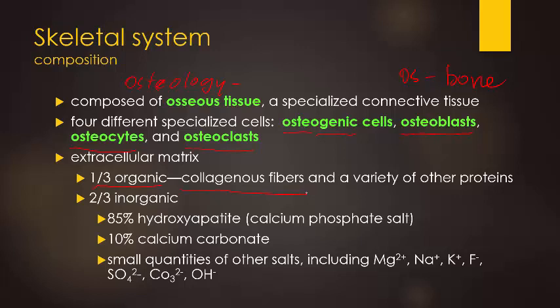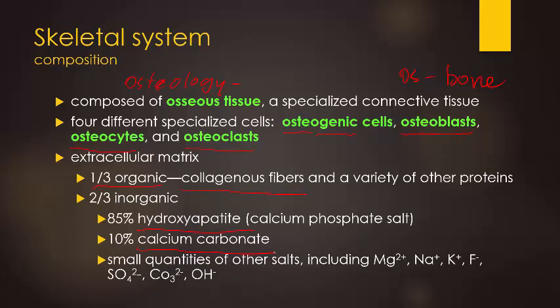85% of that 2/3 inorganic component is a form of calcium phosphate called hydroxyapatite. Notice the spelling of apatite there. It's not like, ooh, I'm hungry. It is instead A-P-A-T-I-T-E. And that's a salt of calcium phosphate. The other 10% is a salt called calcium carbonate.